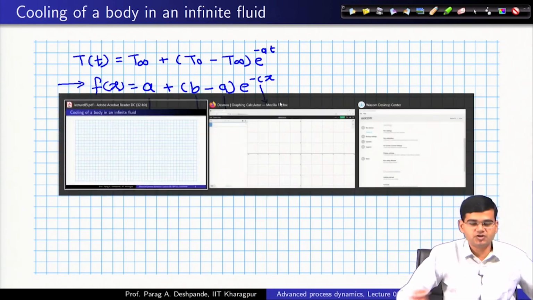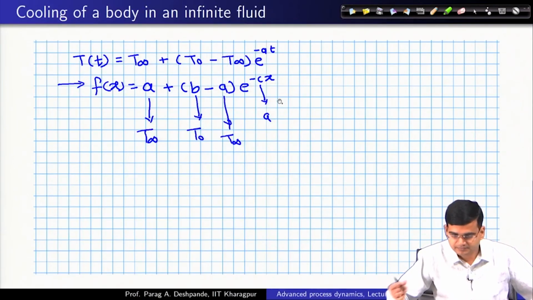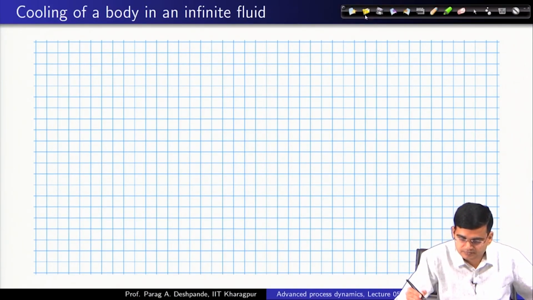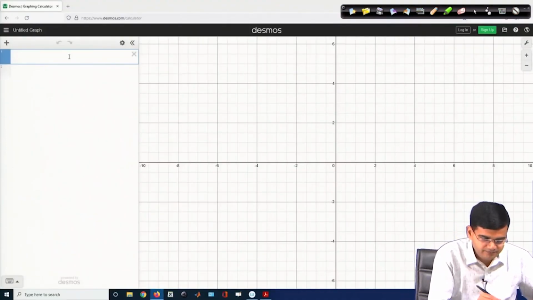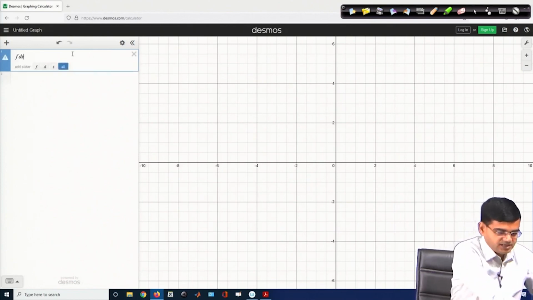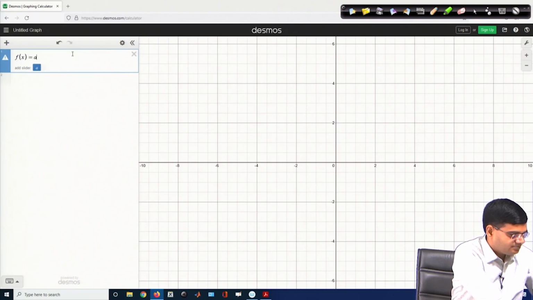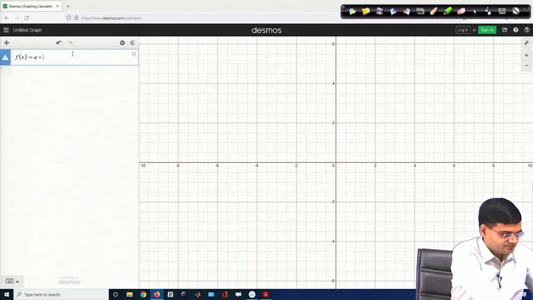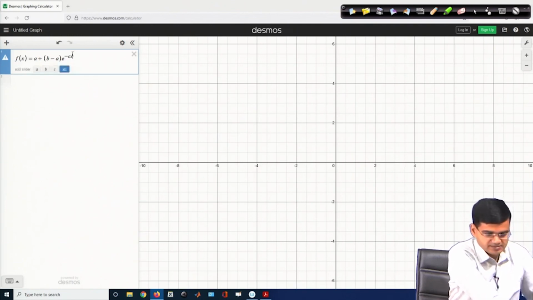So, let us draw these. f of x is equal to a plus b minus a into e to the power minus c x.